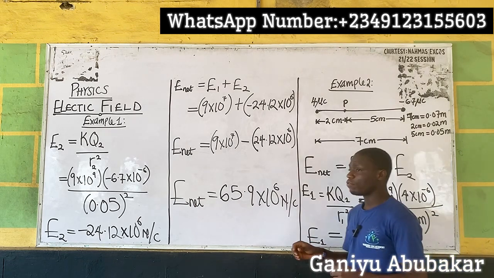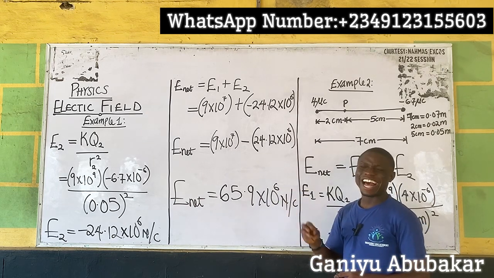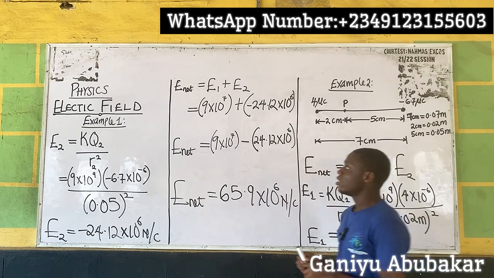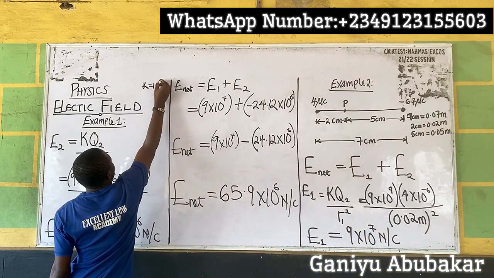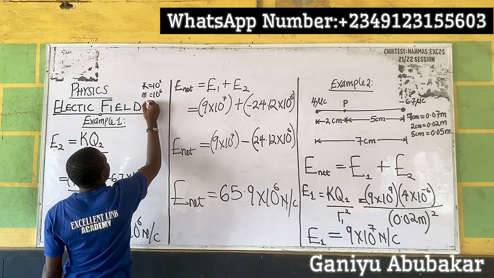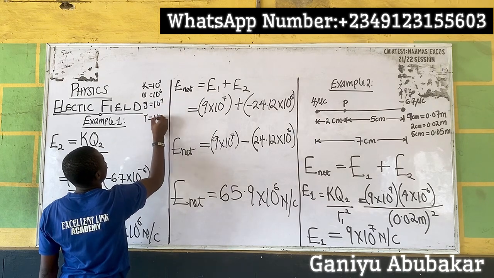Although, 10 to the power 6 has a prefix. That's mega. We have kilo, 10 to the power 3, mega, 10 to the power 6, giga, 10 to the power 9, tera, 10 to the power 12.